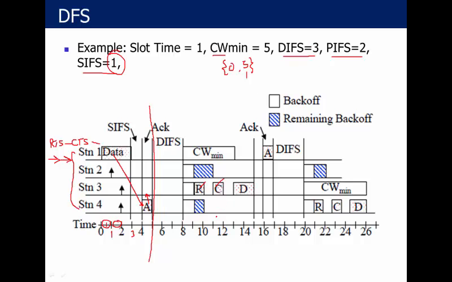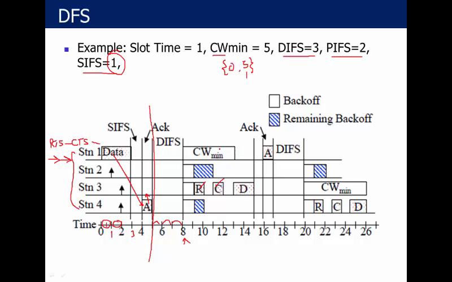DIFS is 3, so we have to wait 3 time periods. At time 8, then within this contention window, if it is 0 to 5, so 1, 2, 3, 4, 5, minimum 5, sometimes it's 6 or 7.